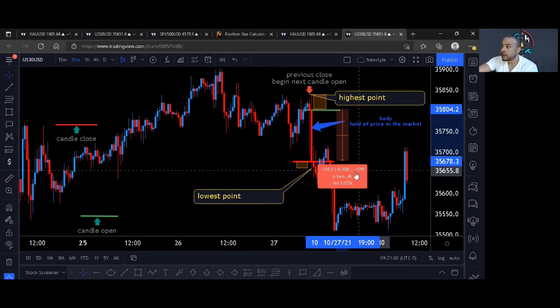Other people, it'll be 1,259 pips, because some brokers count points as a pip. Other brokers count points and convert them into pips where you divide it by 10.